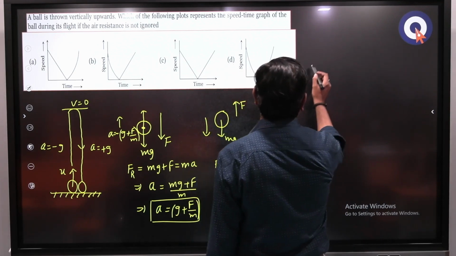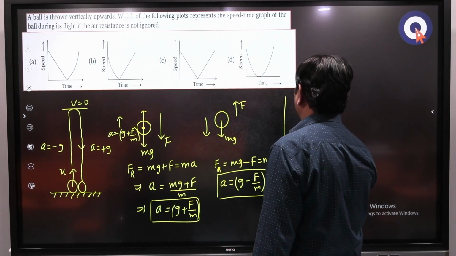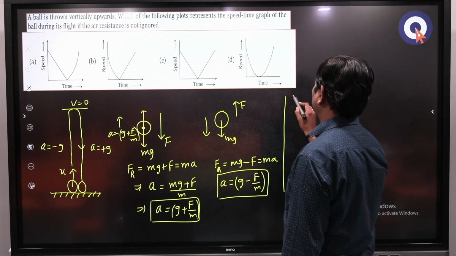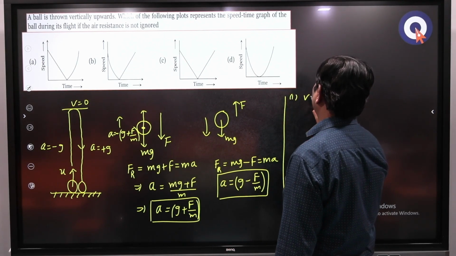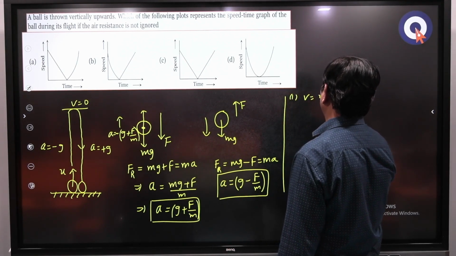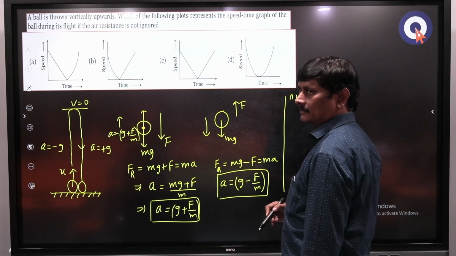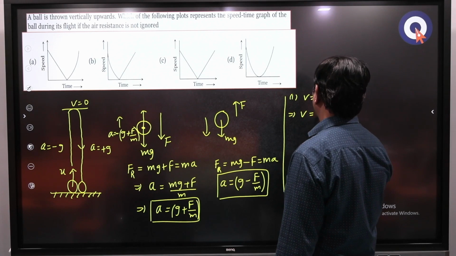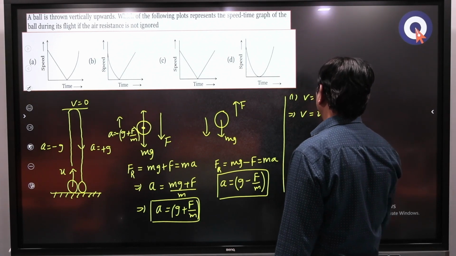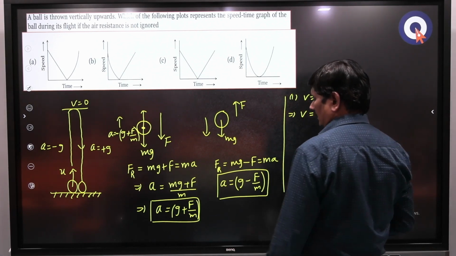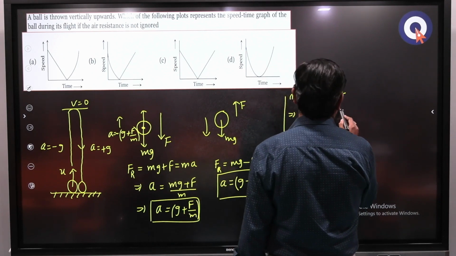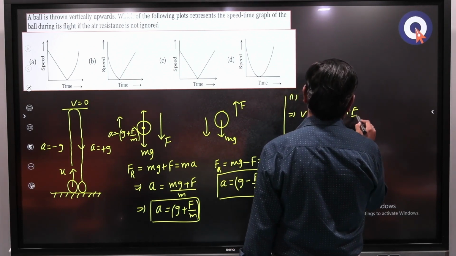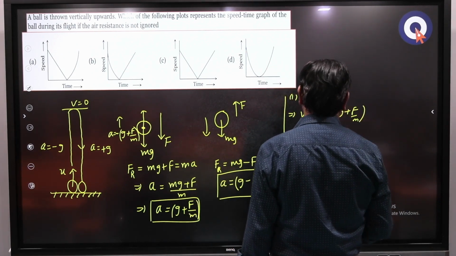Now when you write equations of motion, the first equation, V is equal to U plus AT. Actually, you are having this equation, right? This V is equal to U plus AT means V is equal to U plus, in the place of A, now we have to write G plus F divided by M with a negative sign.